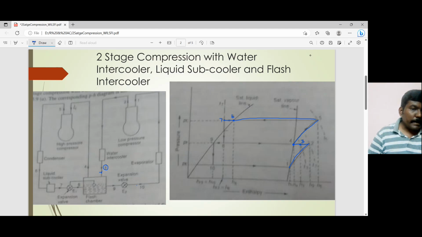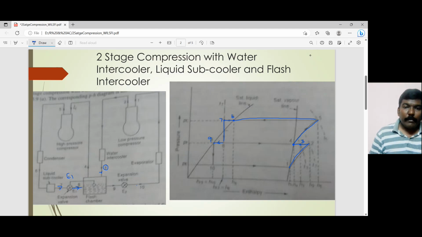From the liquid subcooler, it enters into the first expansion valve, which is E1 over here. And there you have an expansion process of 7, 8. Before it enters into the evaporator, it goes to the flash chamber to make sure that it is in the saturated liquid state. So that is your point number 9.